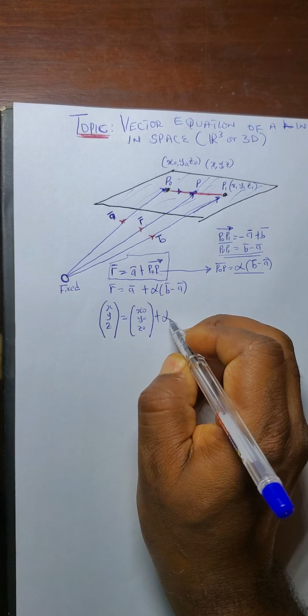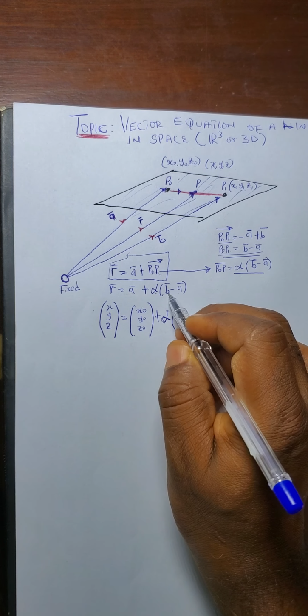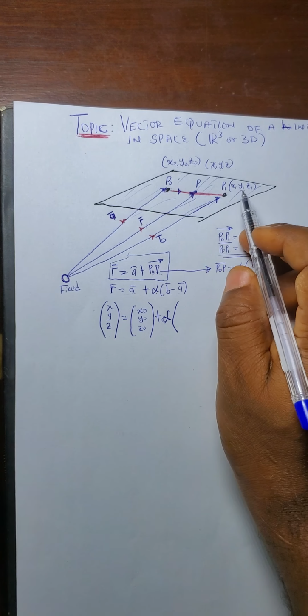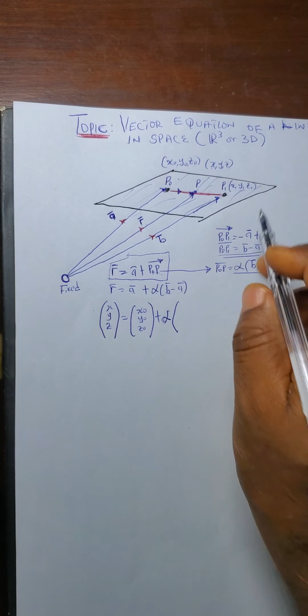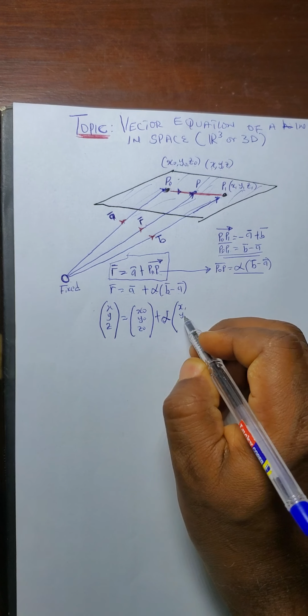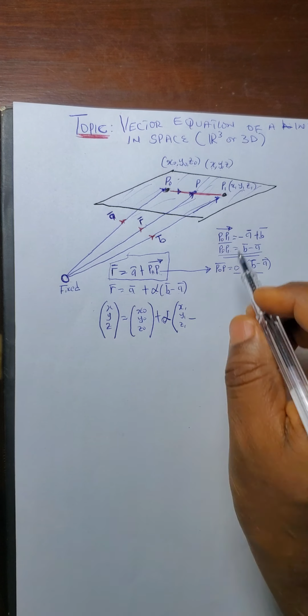Then plus this scaling factor times the component of this vector B, which is X1, Y1, Z1, minus the component of vector A, which is this.